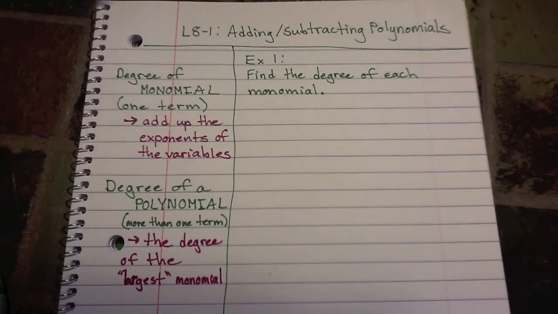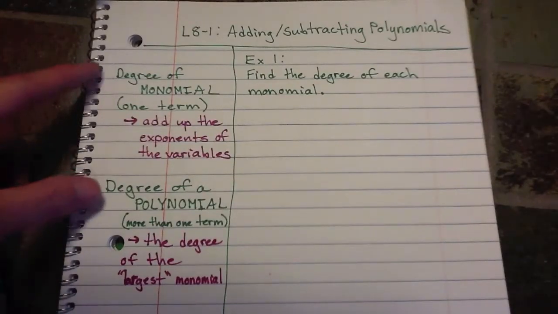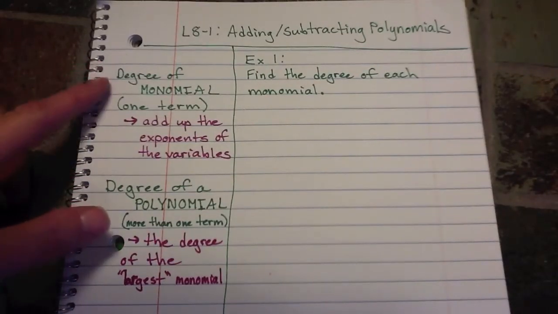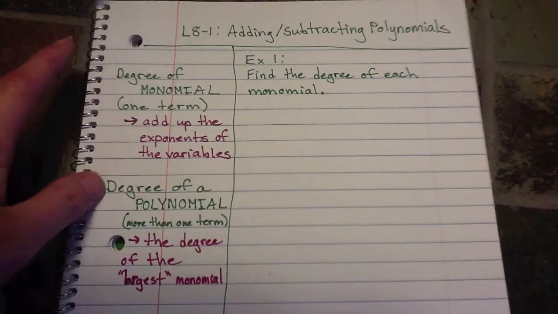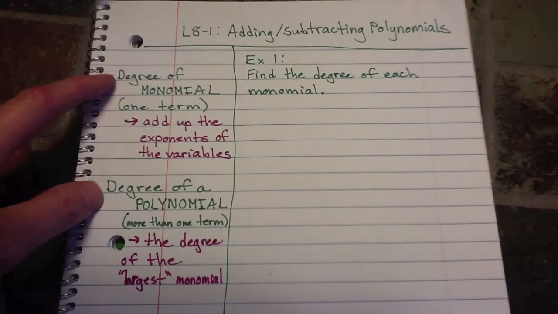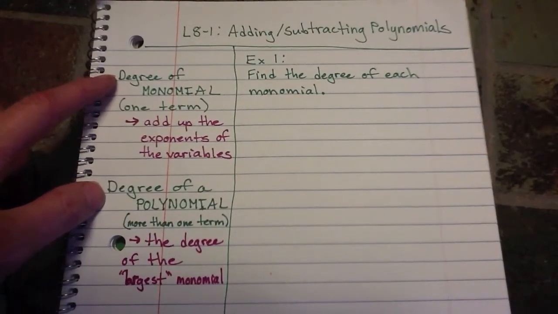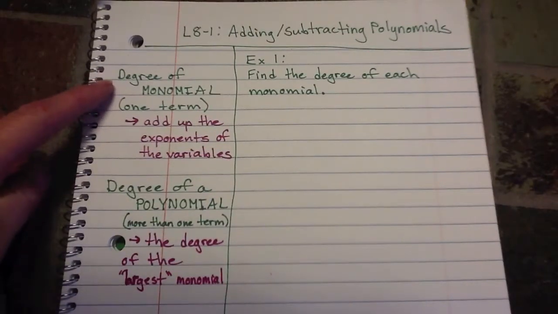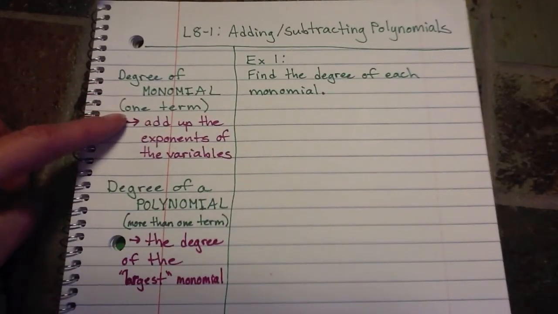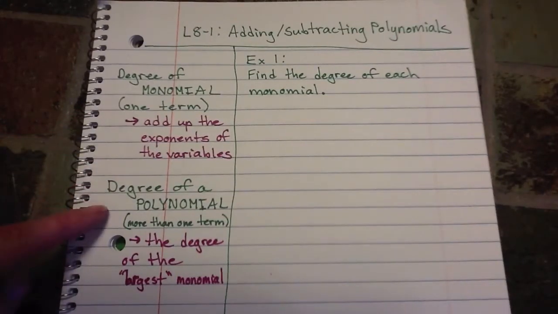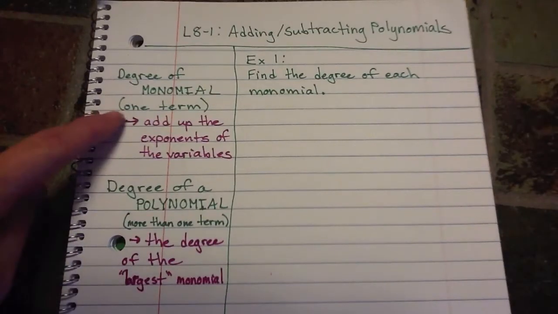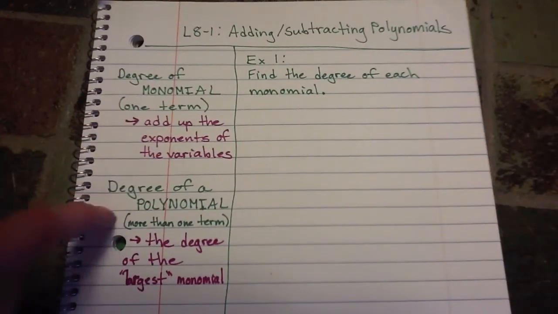about more. So today, first thing we're going to look at is finding the degrees of a monomial and the degrees of a polynomial. Very easy to confuse these, so you really have to memorize the difference between the two. When you're looking at the degree of a monomial, you're just going to add up the exponents of the variables. When you're looking at the degree of a polynomial, you're going to look at the degrees of every monomial in that polynomial.